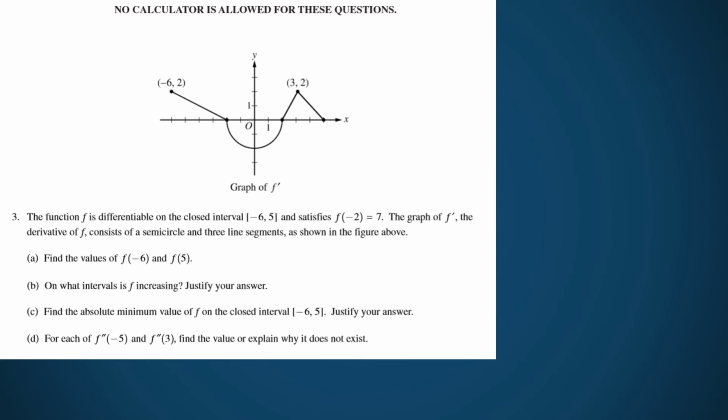Last one. F prime of negative 5, f double prime of negative 5, and f double prime of 3. So f double prime of 5 is the slope at x equals 5, so 4 over 2, so that's negative 1/2.